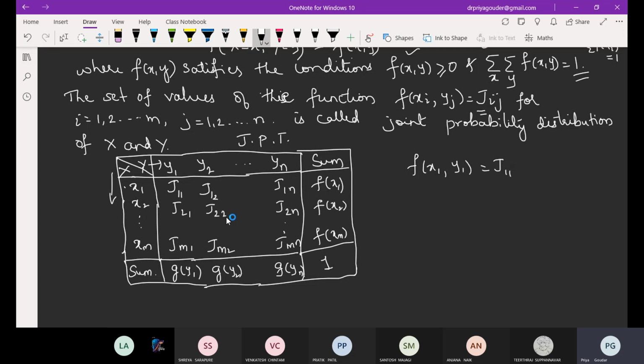So similarly, if you take for the set x1 y1, the value is J11. Similarly, I'll keep my x1 fixed. I'll go on changing the values of y. Suppose the second value of y, I take it as y2. So it is f of x1, y2. Can you tell me what is this denoted as? Obviously, how is this denoted?